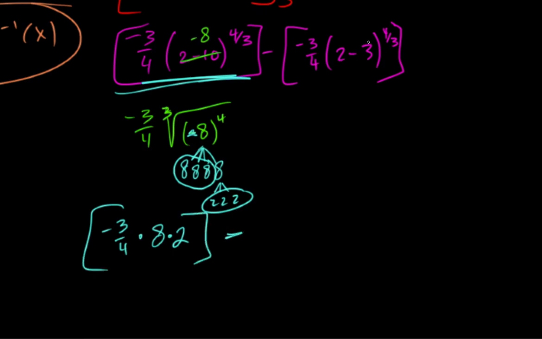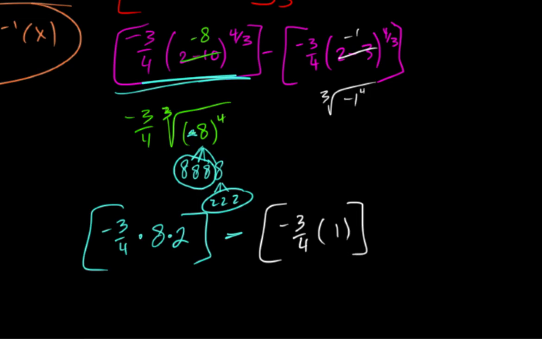Now dealing with this, that's negative 1. Negative 1 to the 4th under a cube root is really just 1. And then the cube root of 1 is just 1 as well. So we have negative 3/4 times 1. If we just multiply this, we get 24 times 2, so we end up with 48 over 4.